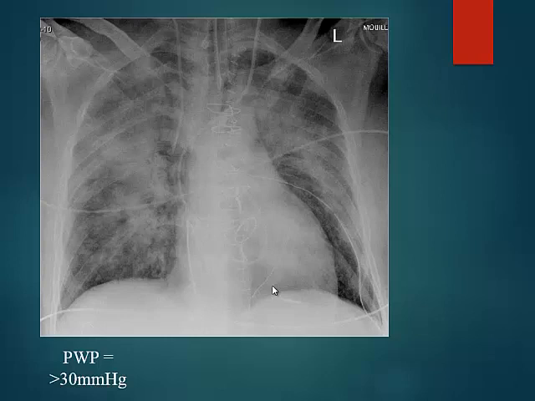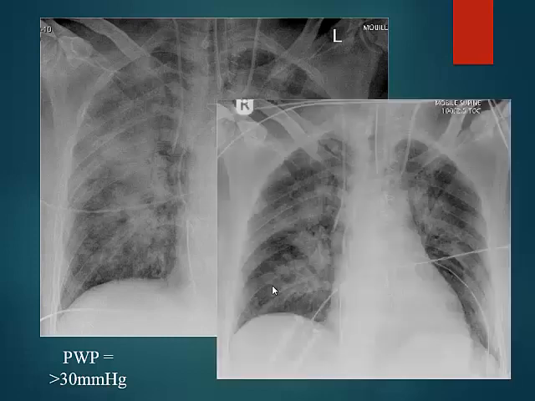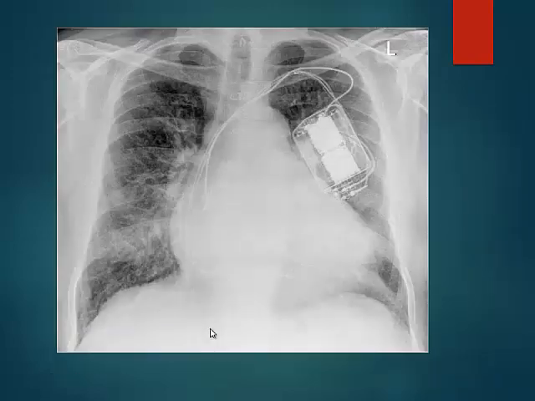That's how one differentiates. What else can you do to ascertain this is pulmonary edema? Treat. You can give diuresis and see a response. Pulmonary edema responds very quickly; within a few hours, or within the next day, you will see resolution on the chest X-ray.